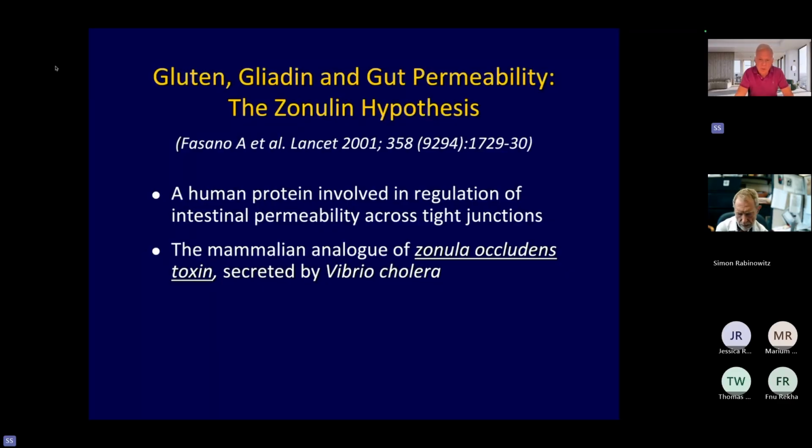Zonulin is a human protein involved in the regulation of intestinal permeability across tight junctions. It is the mammalian analog of Zonula occludens toxin, which is secreted by cholera. So zonulin is really related to a toxic peptide produced by the cholera organism.